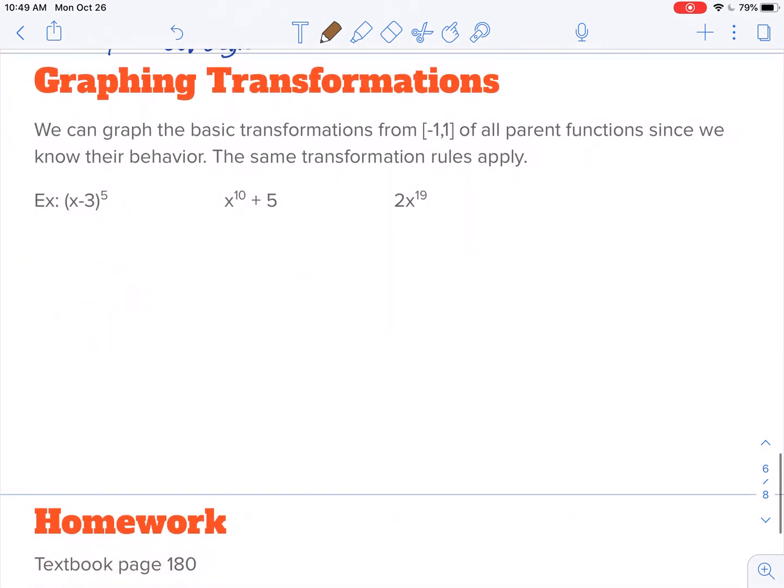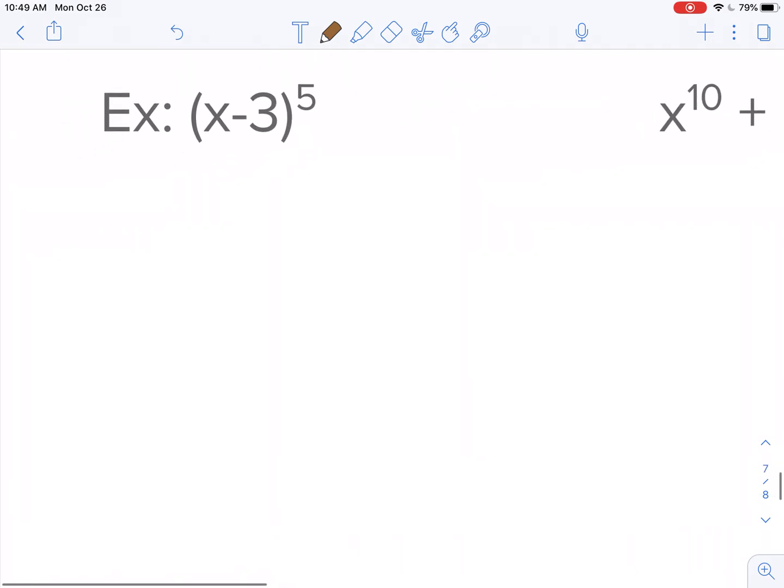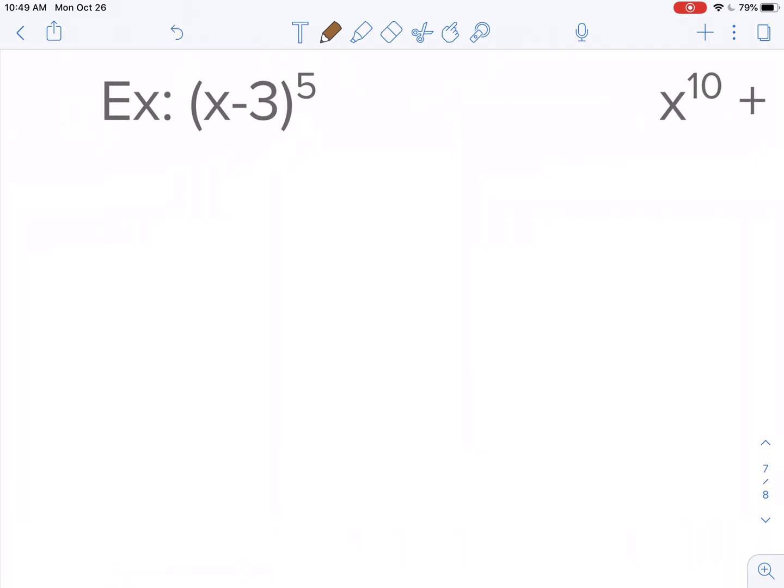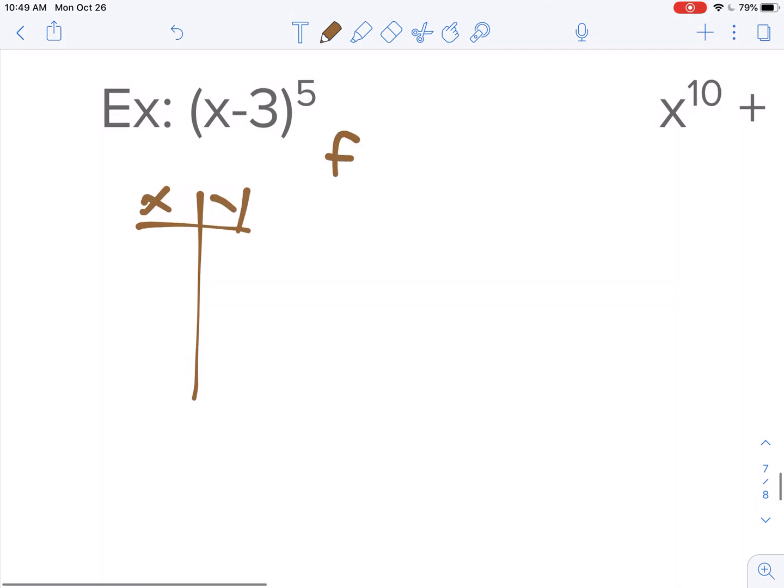All right, so now graphing transformations, we can graph the basic transformations from -1 to 1 of all these parent functions since we know their behavior. The same transformation rules apply. So if I look here, I've got a parent function of f of x is equal to x to the 5th.